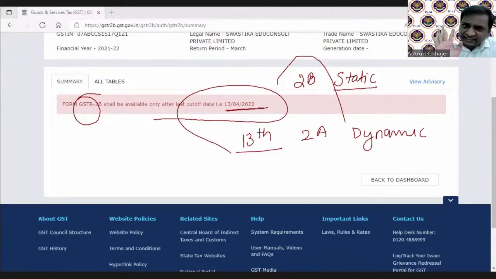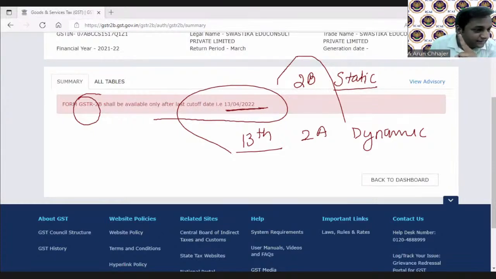What is the difference? Let me discuss. But before that, what is the similarity in 2A, 2B? Both will contain B2B transaction, inward transaction, not outward. Because my outward transaction, which I have entered in my GSTR 1, will appear in the respective recipient's 2A or 2B.